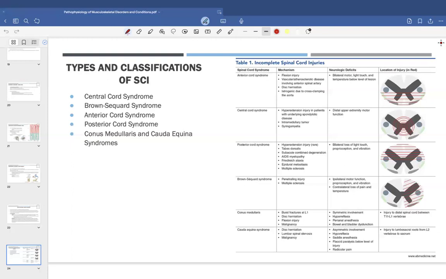And that's where you're usually going to see somewhere around T12, L1, that's where the injury is. Okay, so burst fractures at L1, disc herniations in that region, an acute flexion injury, malignancy can all lead to conus medullaris syndrome.